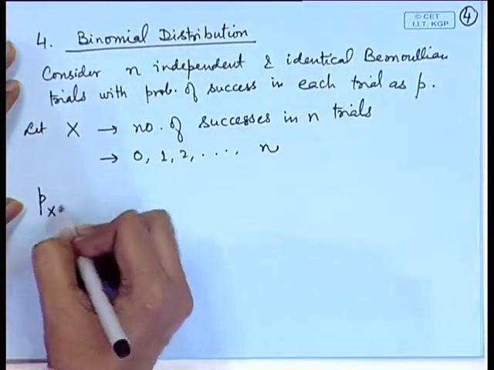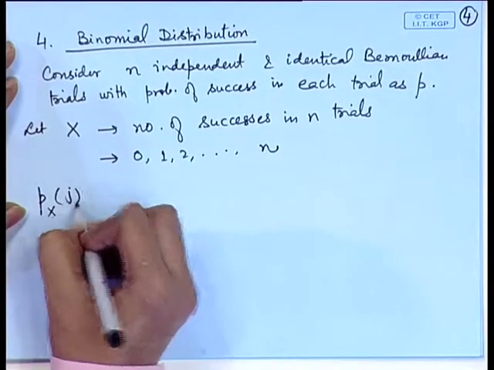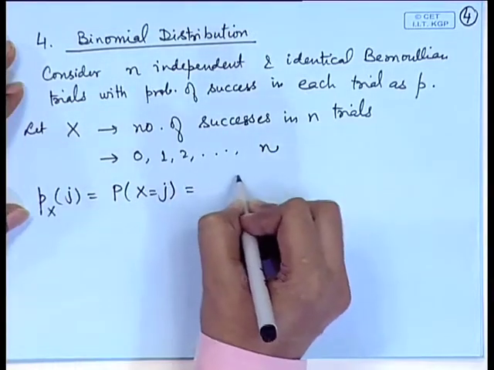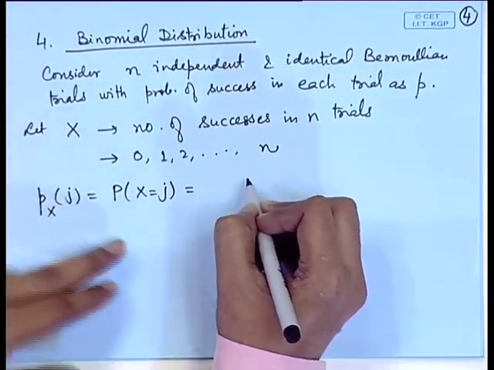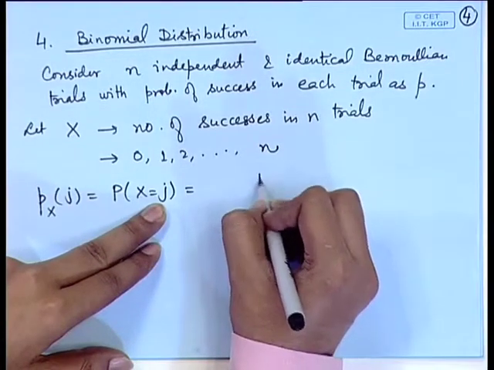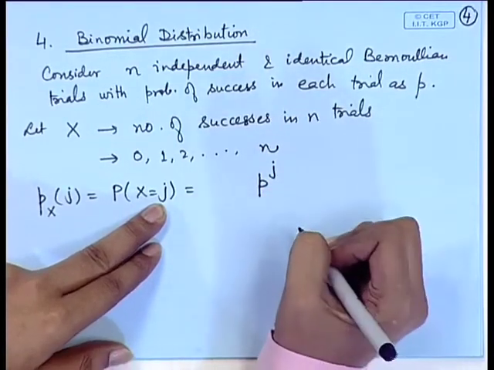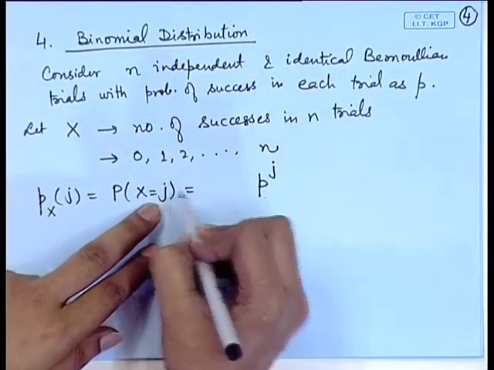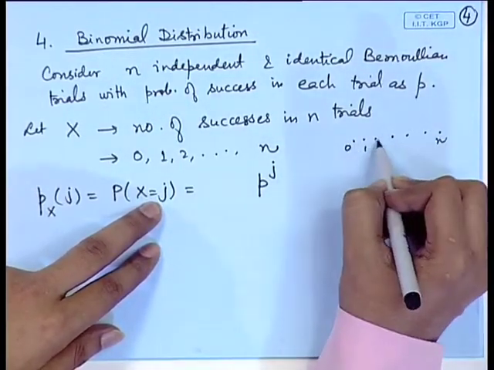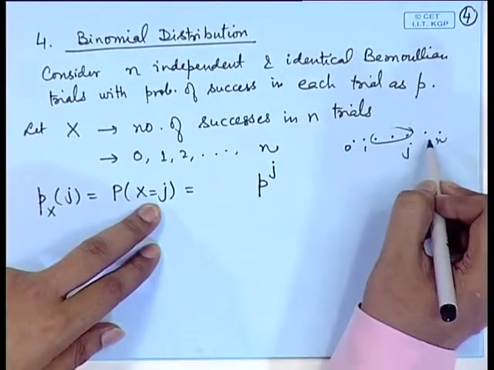What is the probability that X is equal to say j? If you have j successes, then in each trial the probability of success is p. So, p into p, j times. Now, it is obvious that if we are looking at a total number of n trials and we are fixing some j of these trials as success, then the remaining n minus j must be failures.